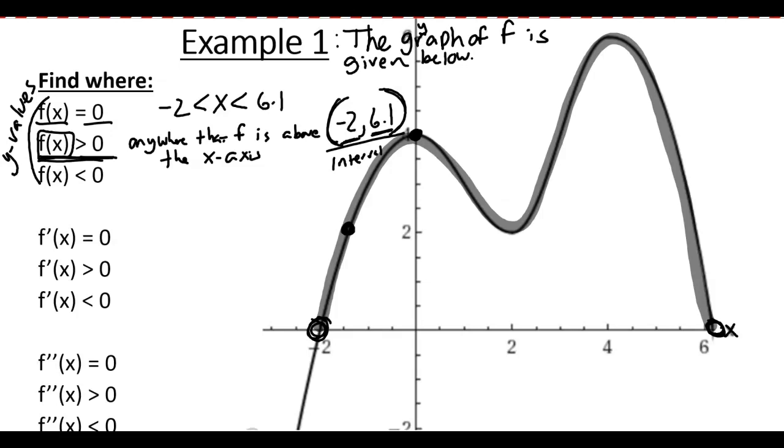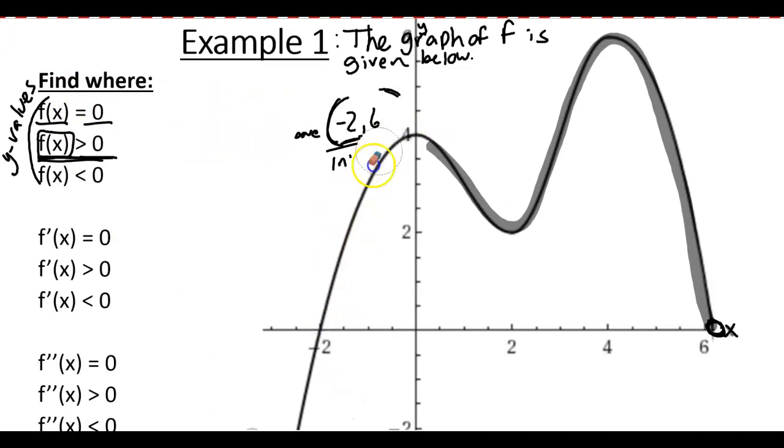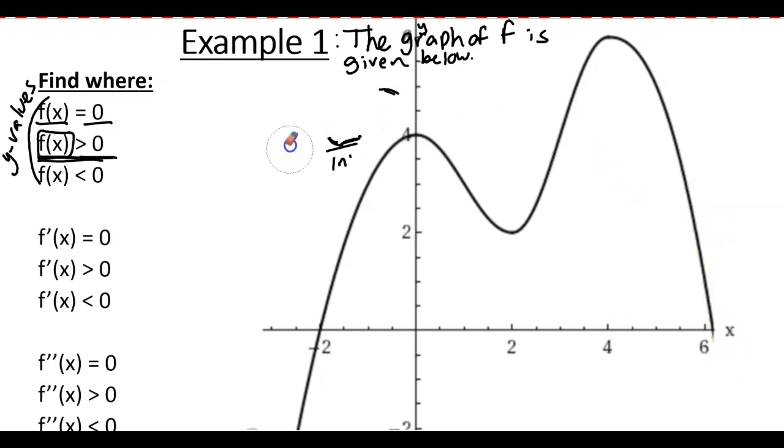All right, so let's go ahead and take a look at the next one. You guys could probably imagine what that one is. Where is f of x less than 0 now? Well, if f of x is greater than 0 above the x-axis, then f of x is less than 0 anywhere f is below the x-axis.